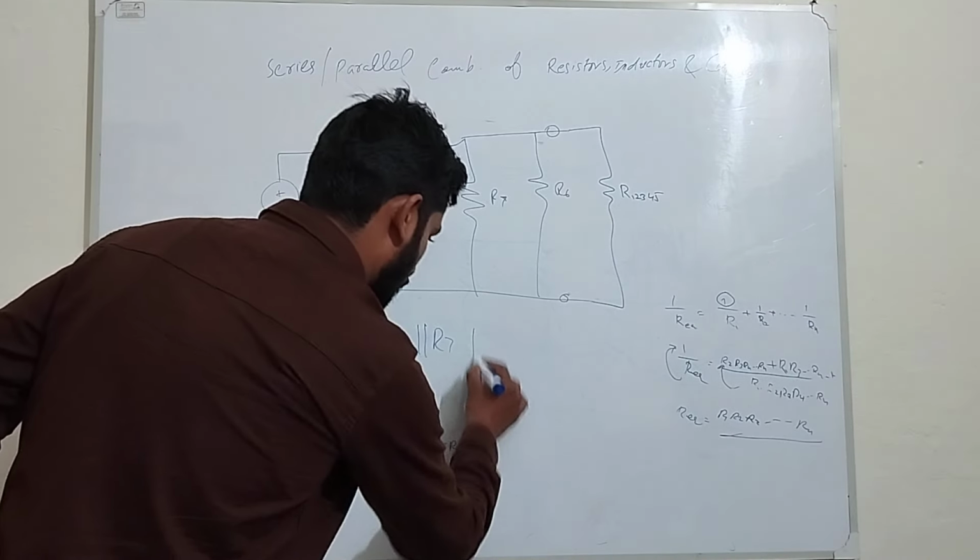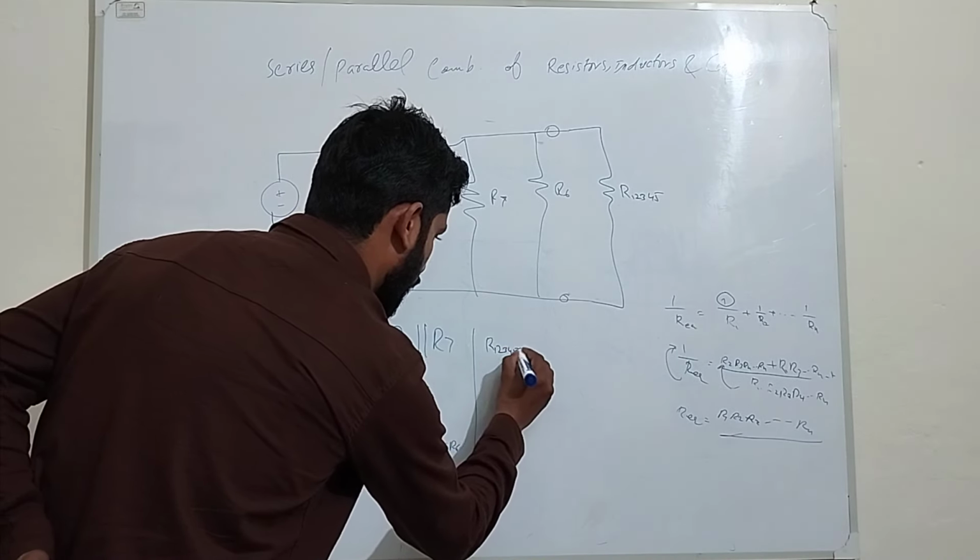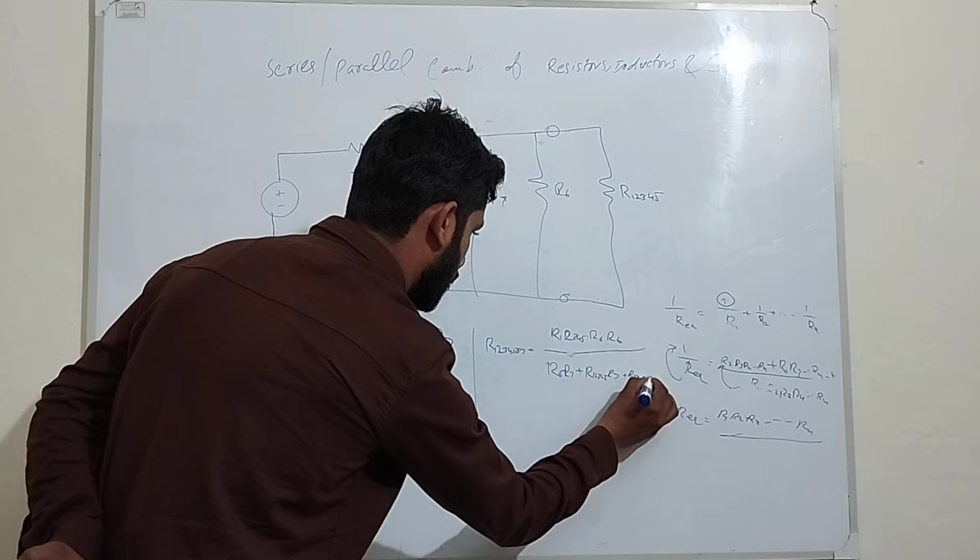So R1234567 will be equal to the product of the resistors R12345, R6 and R7, divided by R6 R7 plus R12345 R7 plus R12345 R6.